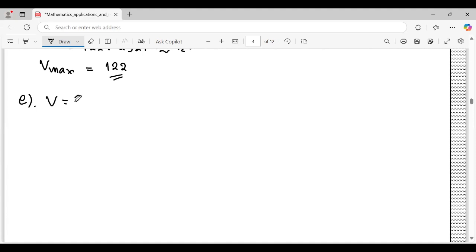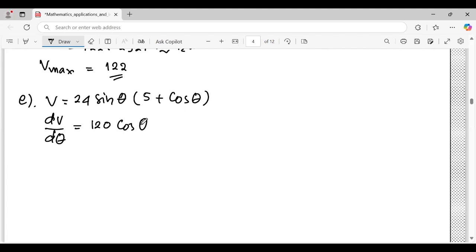So phi equals 24 sine theta times (5 plus cosine theta). And the derivative of phi with respect to theta, we have derived, is 120 cosine theta plus 24 cosine squared theta minus 24 sine squared theta, and so on.